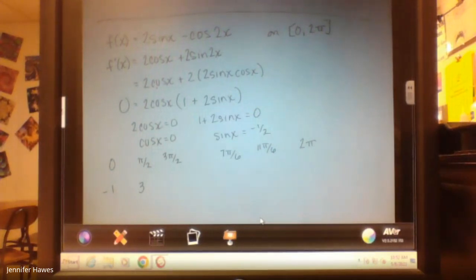I don't know how much time has gone by. No, it's still good. I don't know what's the proper way to do it, like where to enter in the pi. So for this, we do 7 pi over 6.